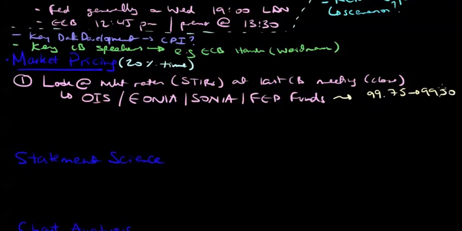So 100 minus that would be 0.5. Essentially, if the market was trading at this price, then we know that there's basically nothing priced in for a rate hike. The closer the market gets to this, we know that we're getting a 0.25 or 25 basis point hike. So that's more or less how you would look at the market pricing.